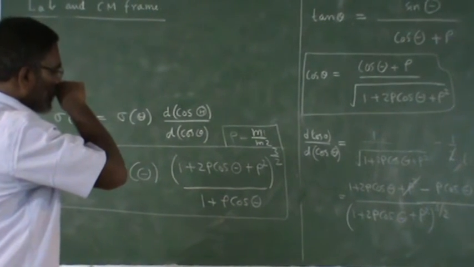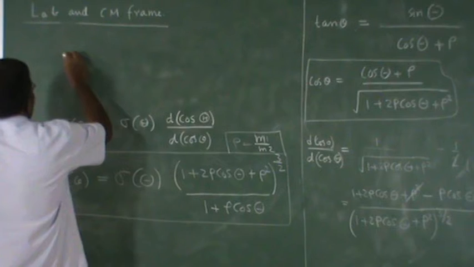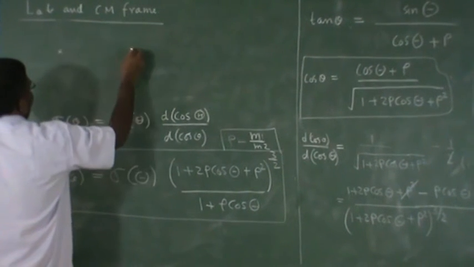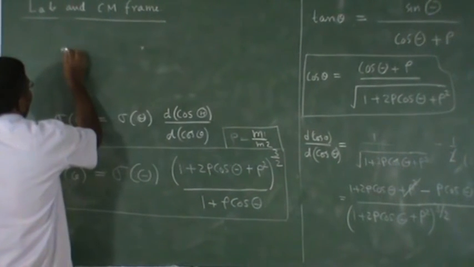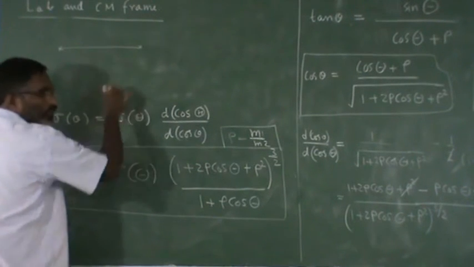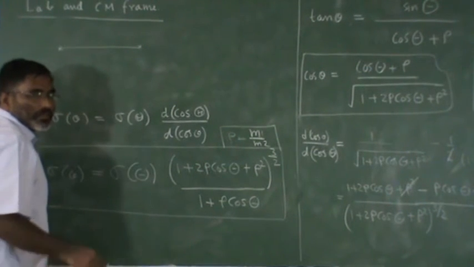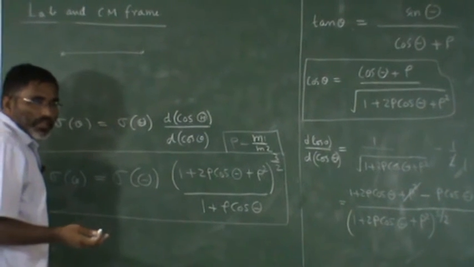So, okay, let me put it this way. When you have a particle here and then a particle at rest, what is the relative velocity here? It's V naught, right?